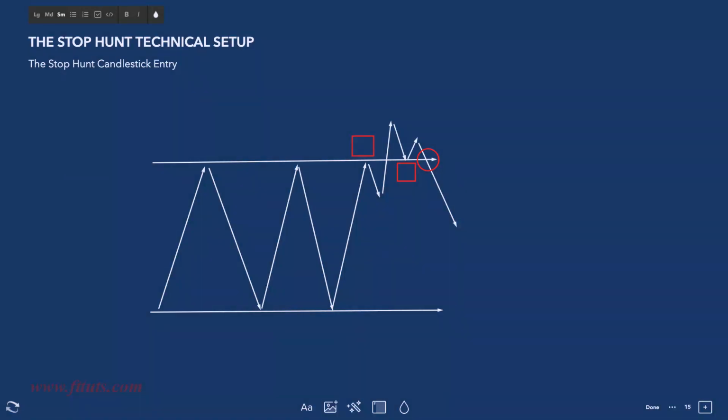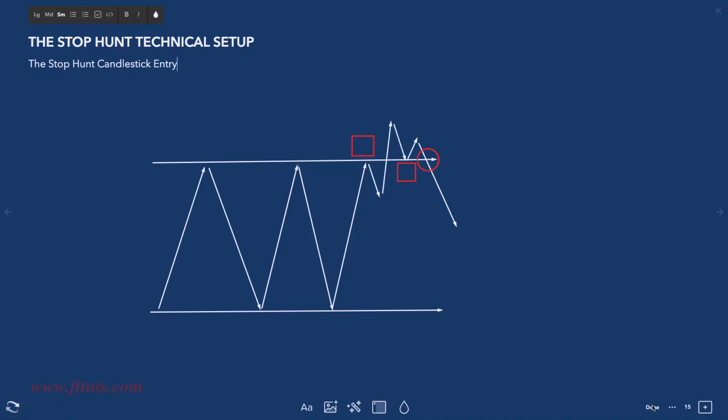So now let's get into how we enter on this type of scenario, and it's with a candle that is very noticeable in what I term the stop hunt candlestick entry.